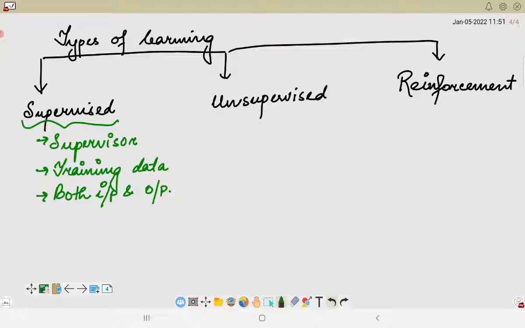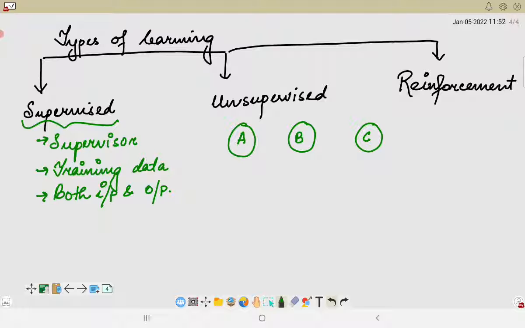Suppose there is an election going on in your college, and there are different students, let's say A, B, and C, who are involved in that election, and these three people have different groups of supporters.